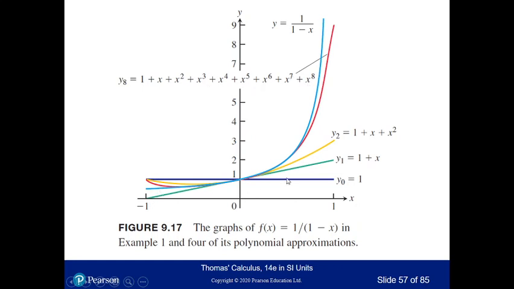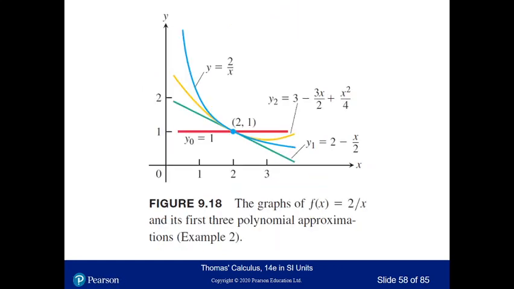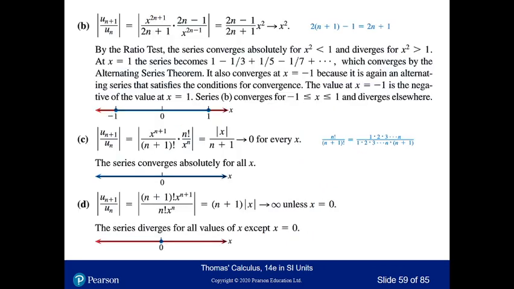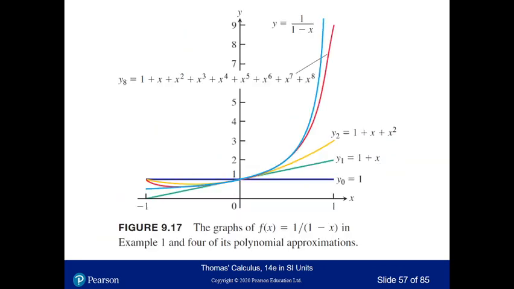As you can see, these polynomials are getting closer and closer to the original function. This is not a coincidence, okay? We are going to see later on that this function actually can be written as an infinite sum of these things.